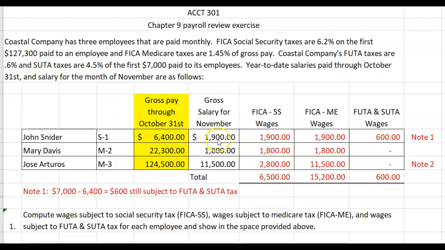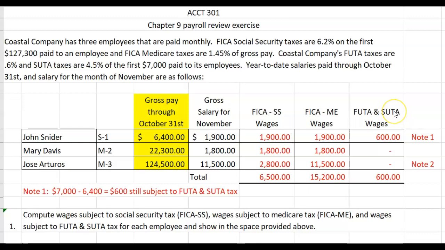So all of his November wages are subject to Social Security tax. Also, there's no limit on the amount of wages that are subject to Medicare tax, so the full $1,900 of November salary is also subject to Medicare tax.